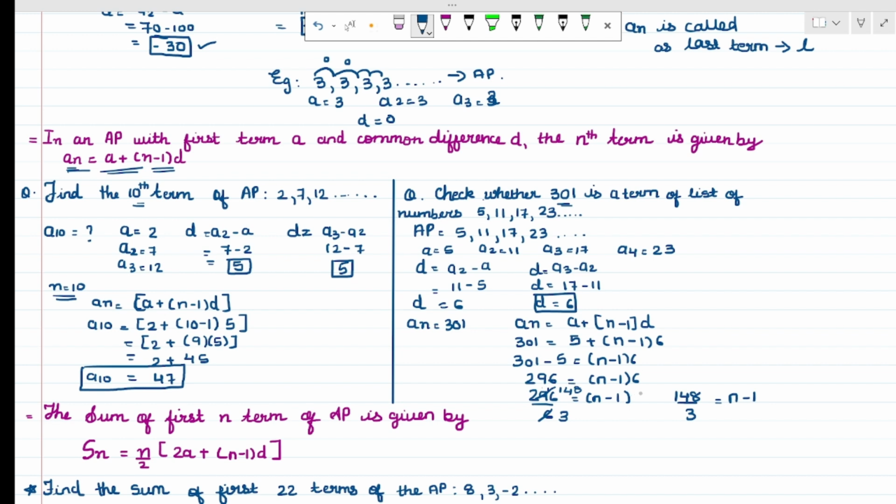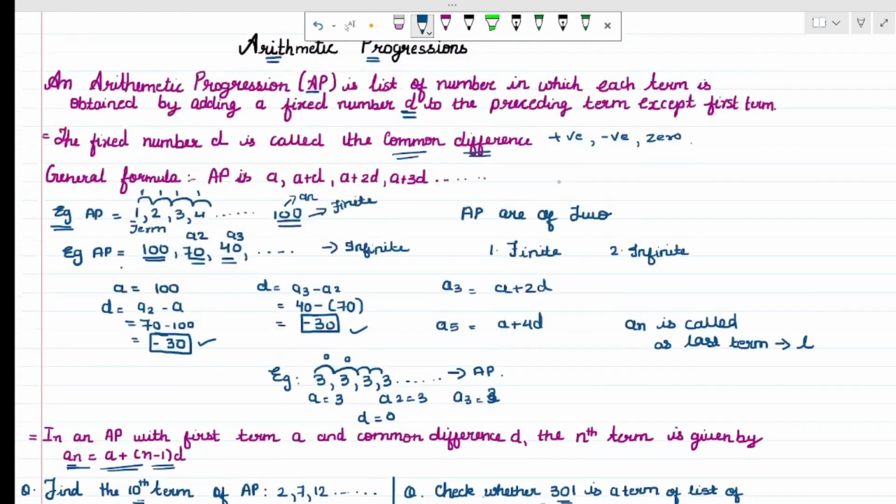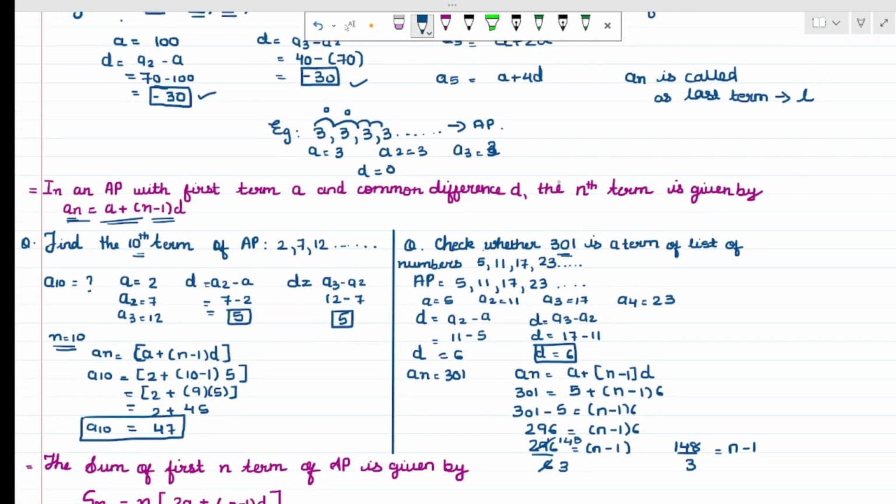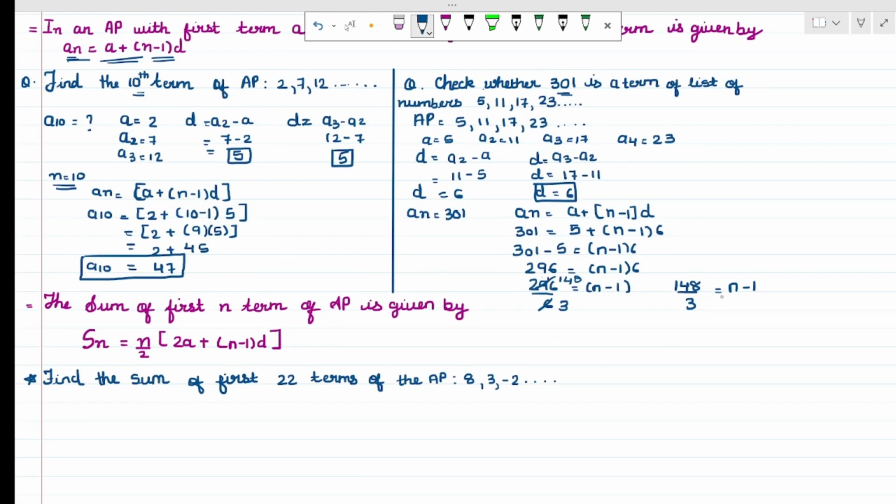So in this case, as we have learned earlier, D can be positive, negative or 0. Same way your N can be positive, negative, but it can't be in a fraction format. It can't be in a fraction format. Okay. So this does not become your N. So that means your 301 is not the part of the list.